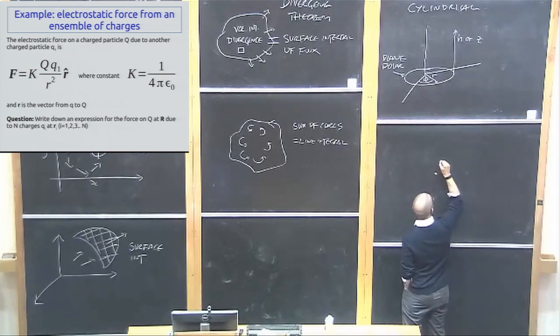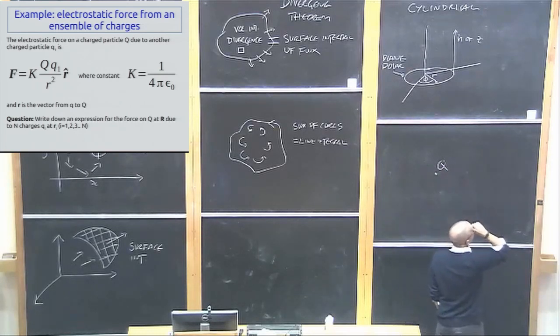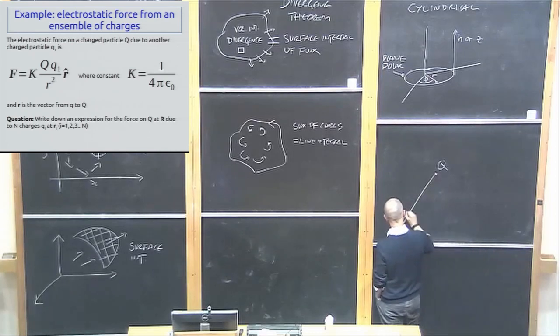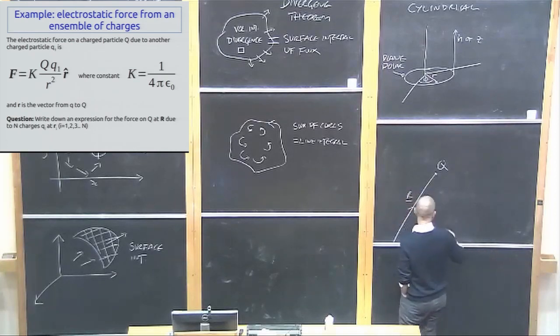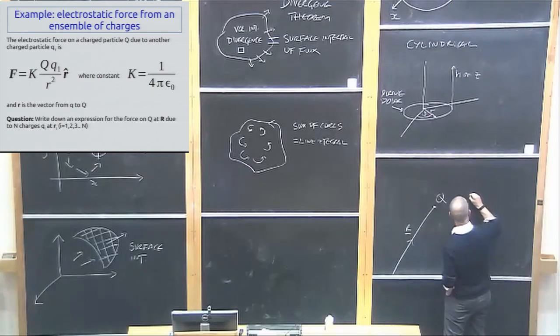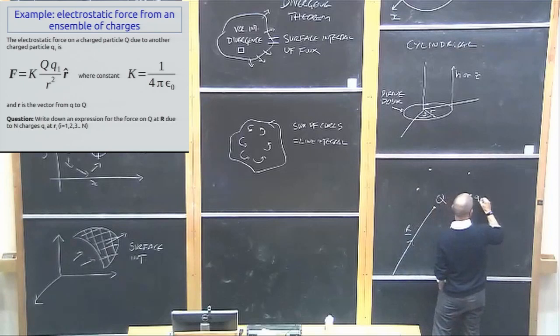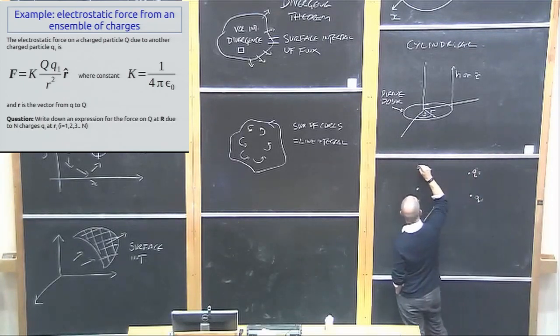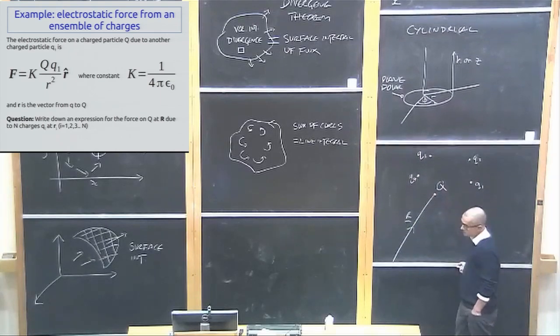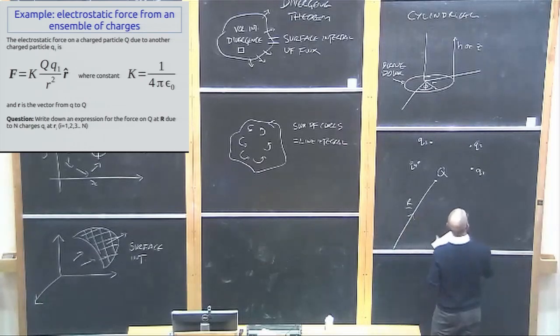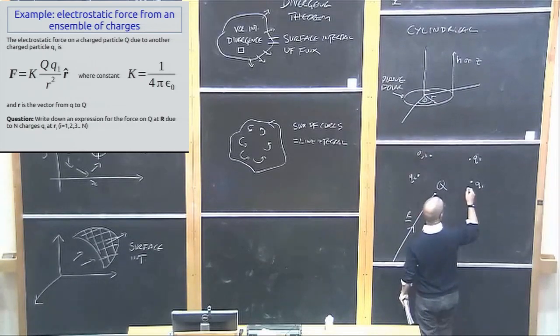So what we say is that we have some large charge Q at some position vector R, and we have a whole bunch of other charges, Q1, Q2, Q3, Q4, etc., around this. And we want to know what is the electric field at Q due to all these other charges.